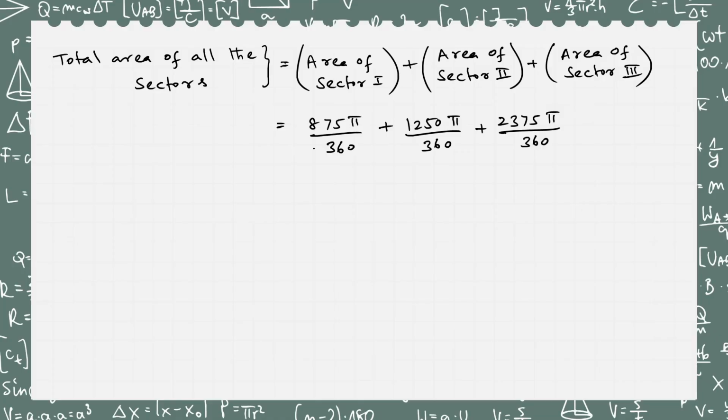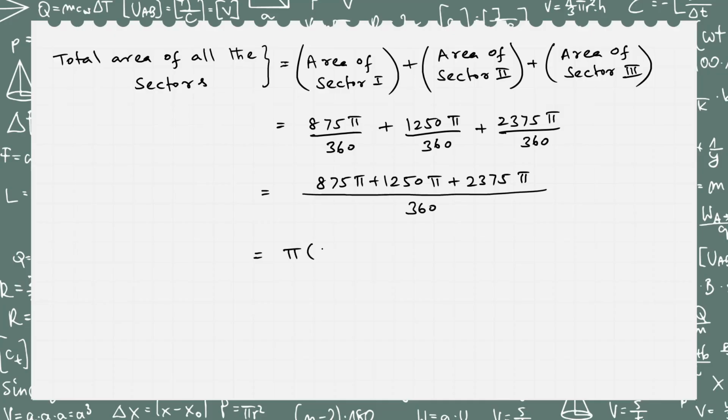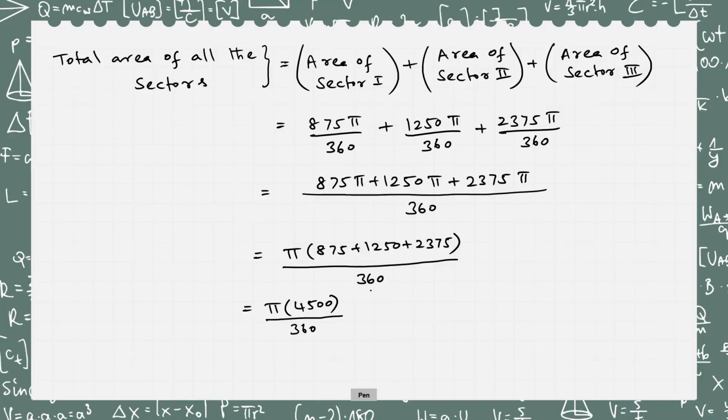So we are adding all of them. 360 can be taken as the LCM and the numerator will be just added up. Now we can take pi common outside and then add all the numbers inside. When we add all the three numbers inside, we get 4500, right? So this will be pi into 4500 by 360.